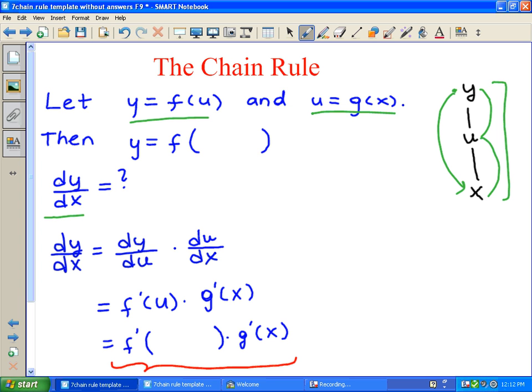It basically boils down to a multiplication problem. If you take a look at what's happening over here, dy/dx we can write as dy/du times du/dx. Because think about it, if you cancel the du's, you would be left with dy/dx.